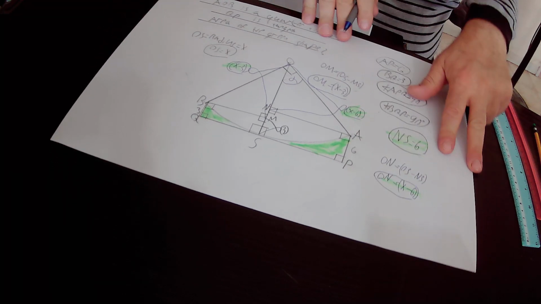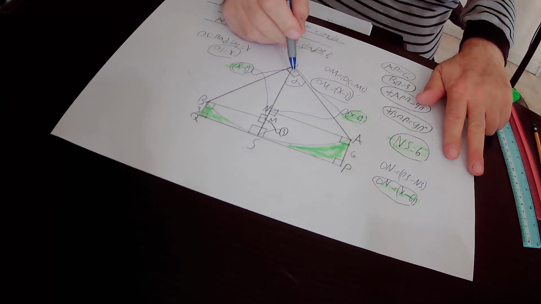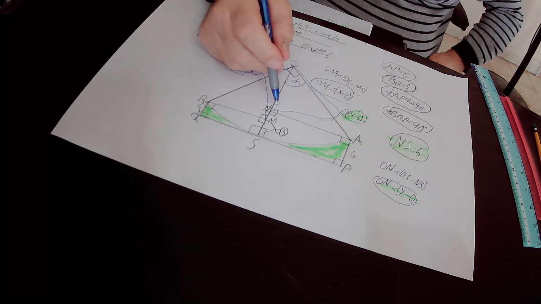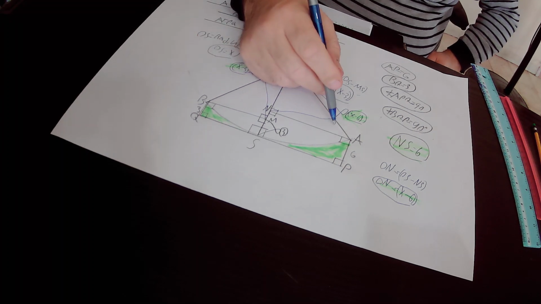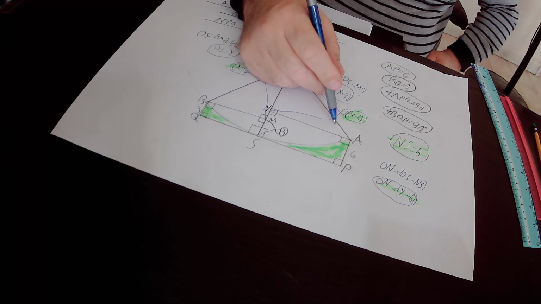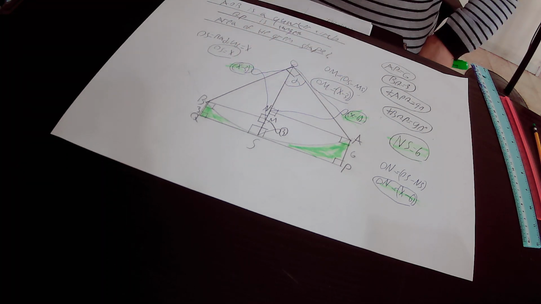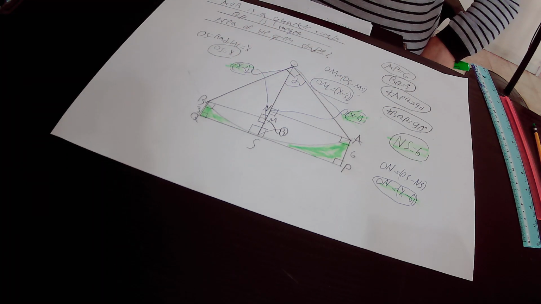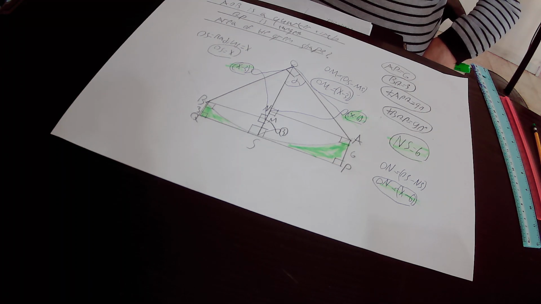So, in the right triangle AON, this angle equals alpha, this angle equals 90 degrees, therefore the missing third angle here must be equal to 90 degrees minus alpha, according to the rule that the sum of the angles in any triangle is equal to 180 degrees.